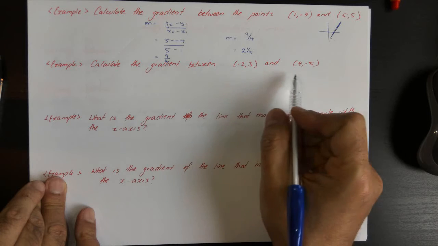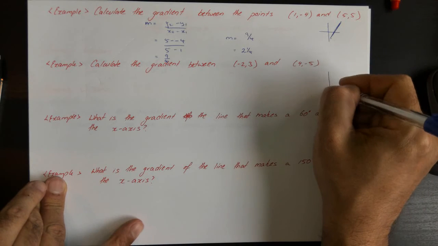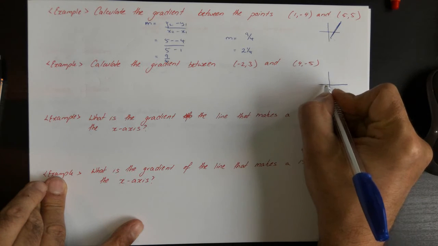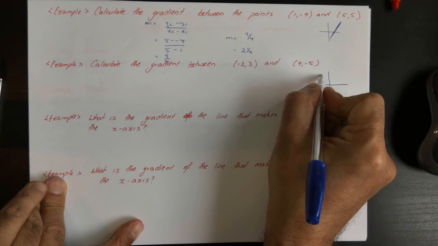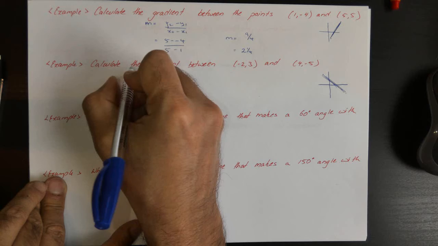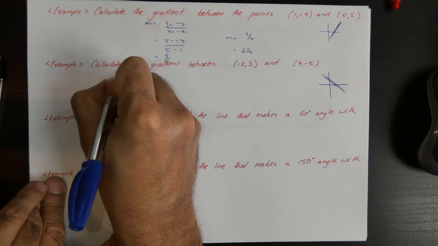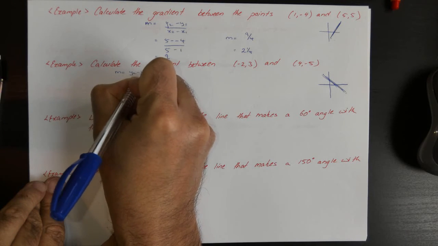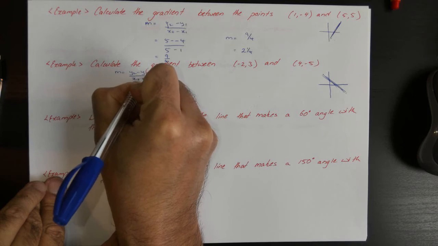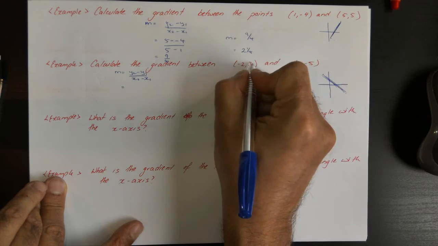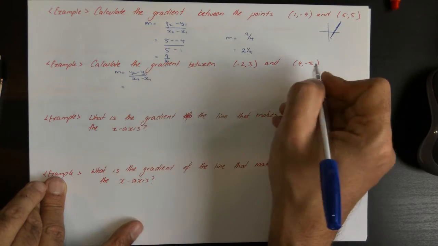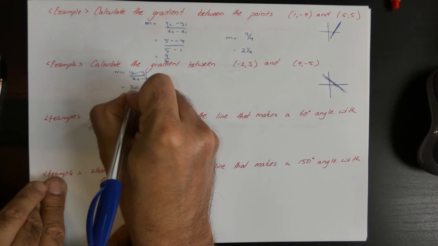Okay. Let's calculate the gradient between these 2 points. I'll do a quick sketch again. So I've got -2, 3 somewhere up here, and then I've got 4, -5. So I'm going to have a negative gradient. Using the same formula, m equals y2 minus y1 over x2 minus x1, I'll use this point first.